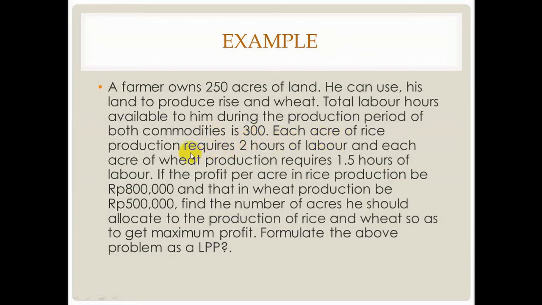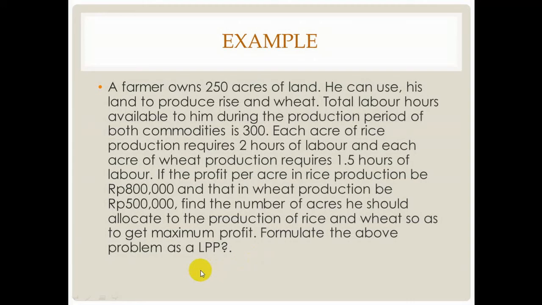Each acre of rice production requires 2 hours of labor, and each acre of wheat production requires 1.5 hours of labor. If the profit per acre in rice production is 800,000 rupiah and that in wheat production is 500,000 rupiah, find the number of acres you should allocate to the production of rice and wheat so as to get maximum profit. Formulate the above problem as an LPP.